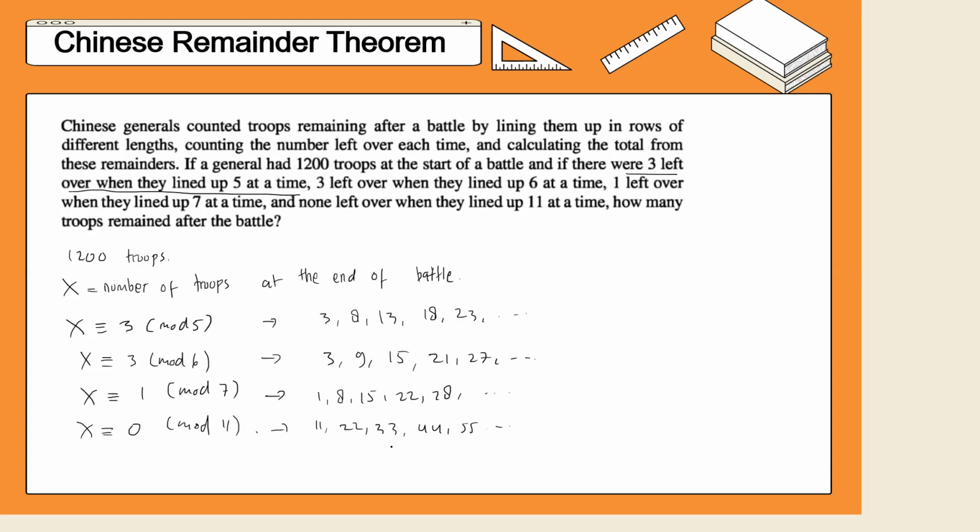This is the classical way. You try to find it like this by writing all the numbers. But it takes a lot of time, and maybe the first number that appears might not be the correct answer. So you have to answer it in general, representing all the possible numbers.